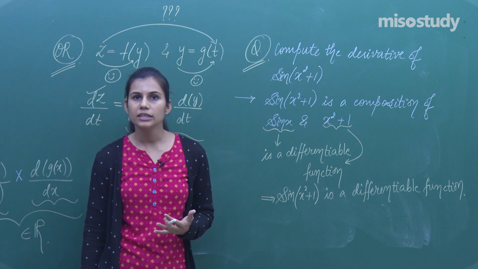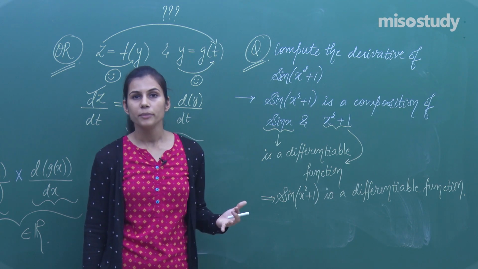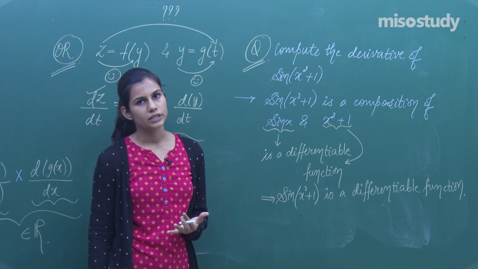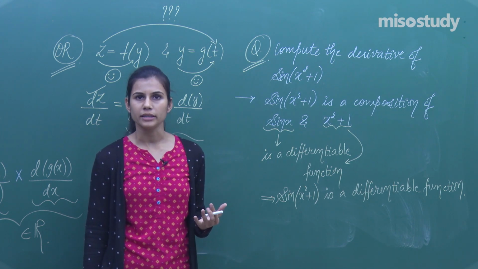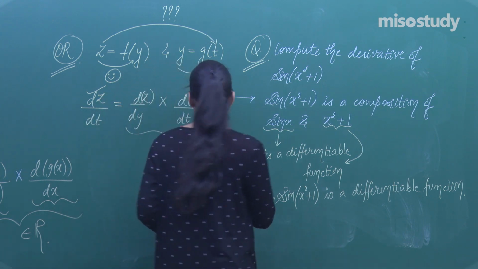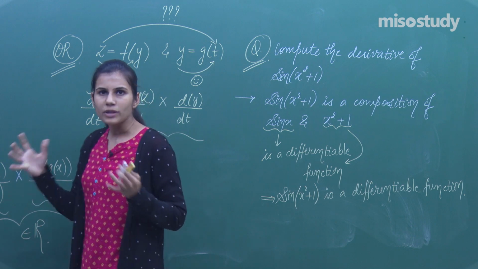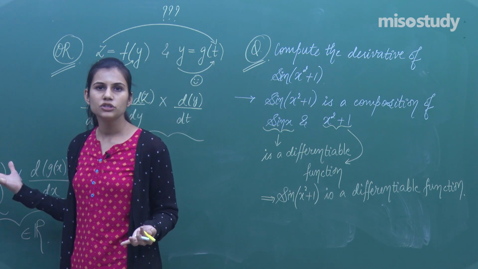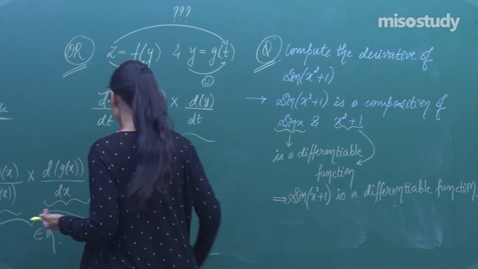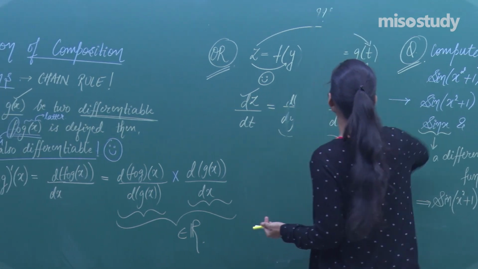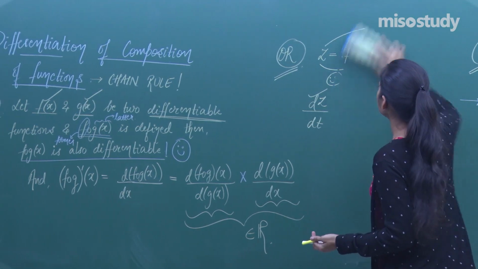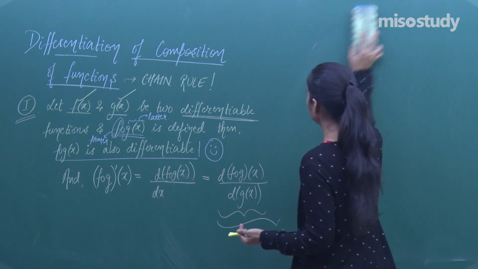That x is arbitrarily chosen, and therefore I would be getting a formula to completely obtain the derivative of this function at any point of its domain. Cool? If these two strategies, which actually is one single strategy written in two different formats, is clear to you, I'm going to rub this, and here we're going to compute the derivative for this very question.